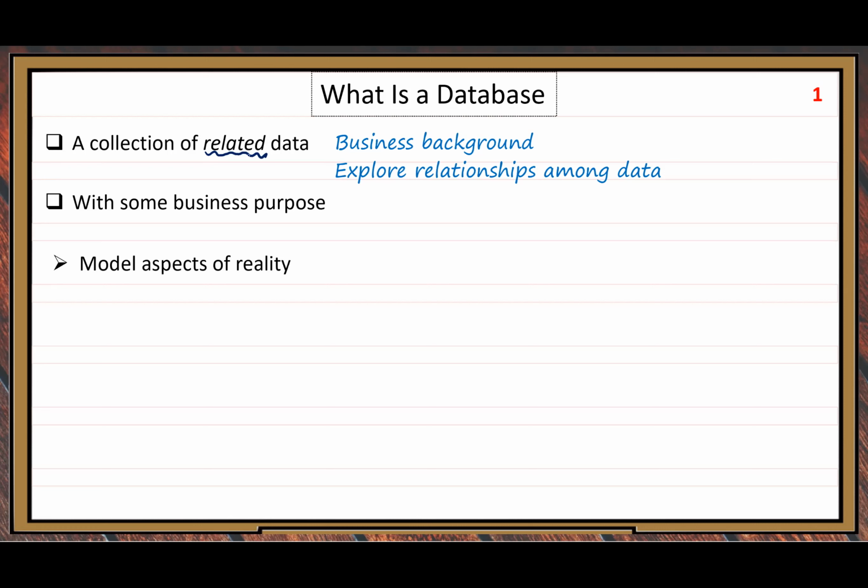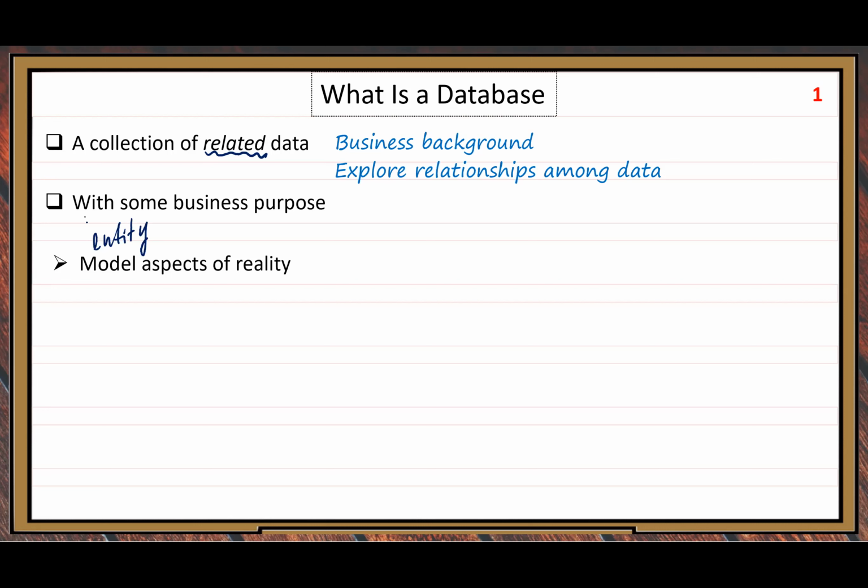Business purpose there. Model aspects of reality. The reality is a lot of objects. Later we will have a name for them, called entities. Here, student is an entity. We will use the name entity.